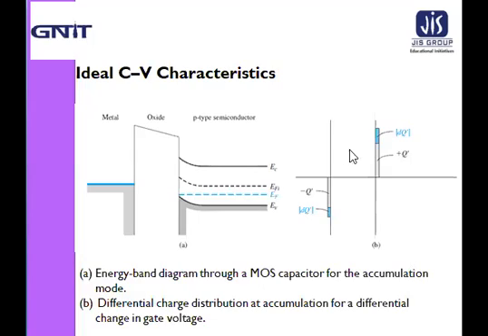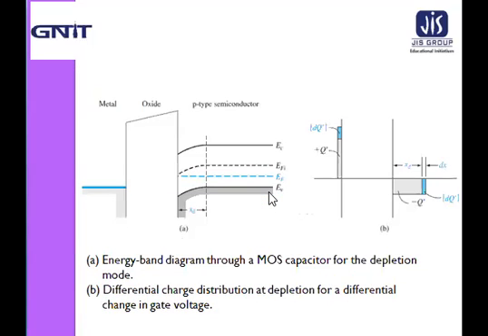That differential change in charge density occurs at the edges of the oxide as in a parallel plate capacitor, and this capacitance C prime per unit area of the MOS capacitor for the accumulation mode is just the oxide capacitance.